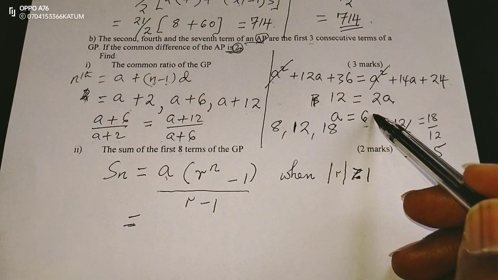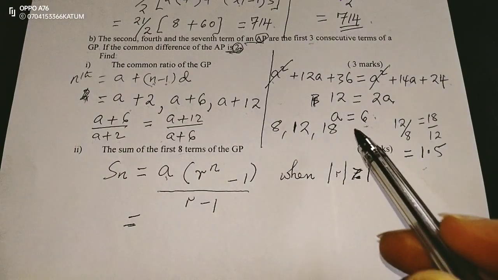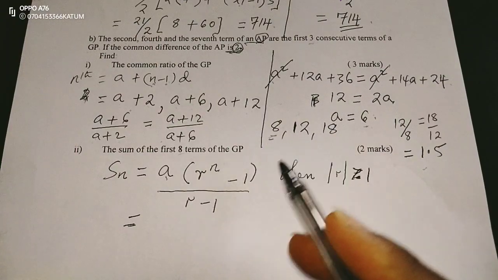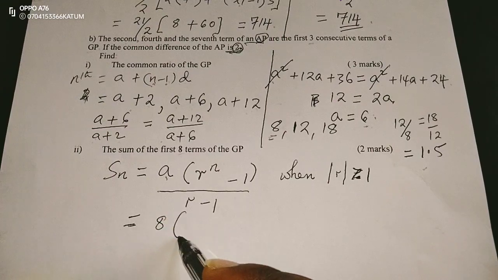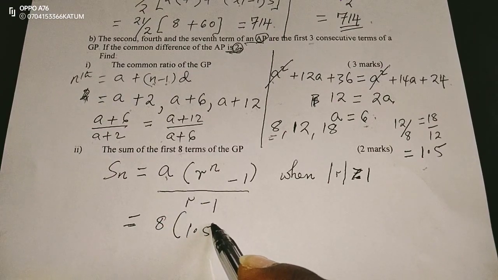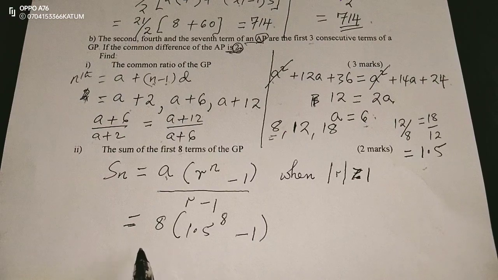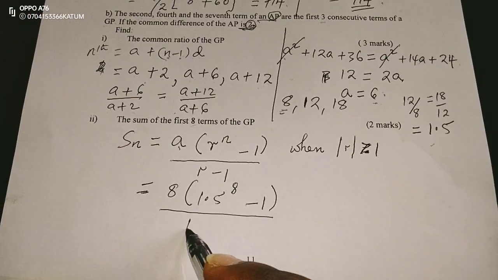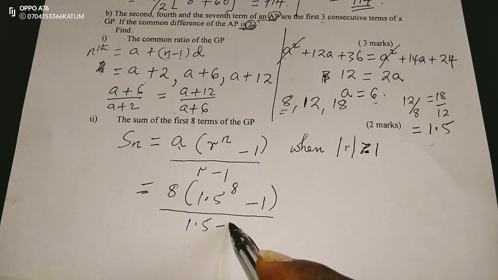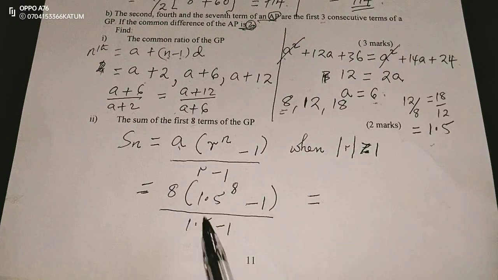Remember, the A we got here was the first term for the AP. Now we want the first term for this GP, which is going to be 8 into 1.5 raised to the first 8 terms minus 1, divided by 1.5 minus 1. So 1.5 minus 1 will be 0.5.